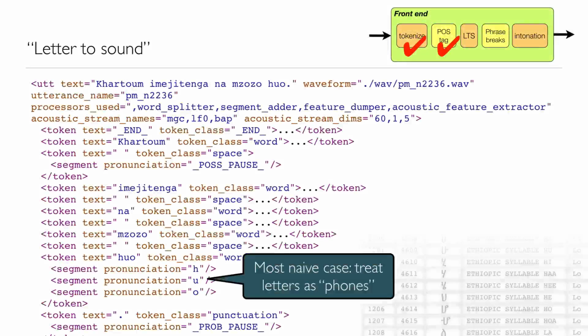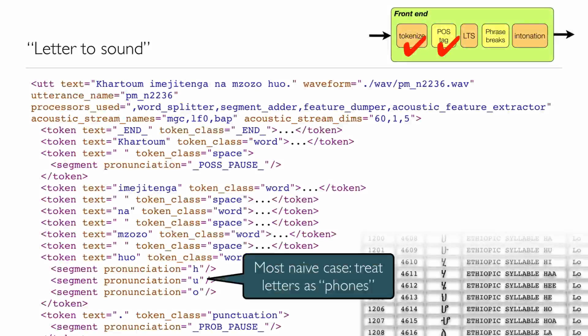You can see here an example where, as segment labels, as stand-ins for pronunciations, we're just using the letters from this word. And again, I've put a snippet from a Unicode character table there, just as an indication of tricks we could use to make this naive approach a little less naive with very little effort.